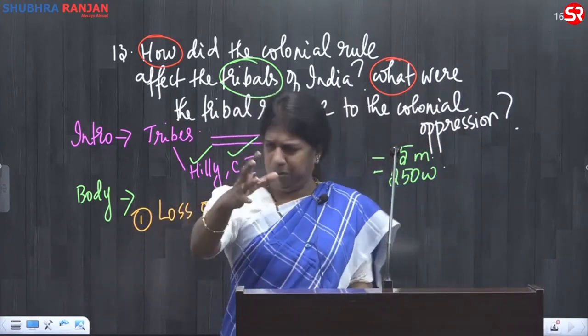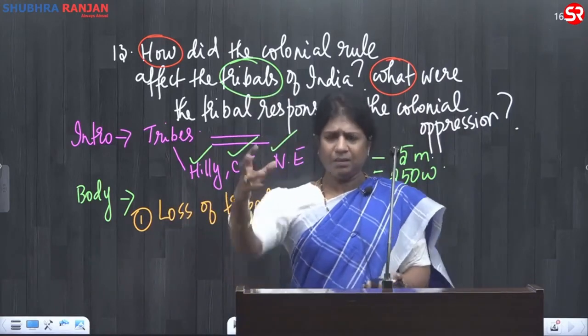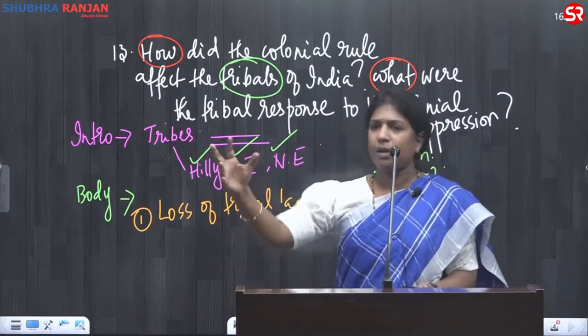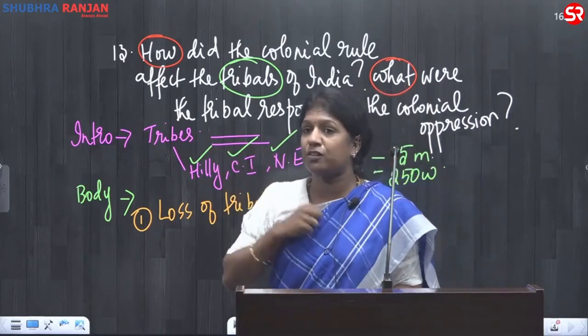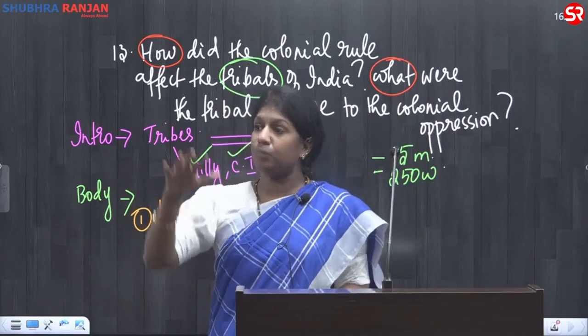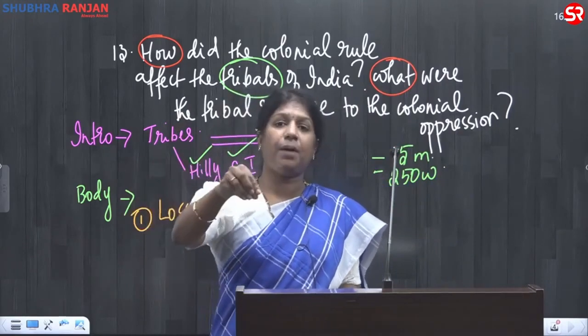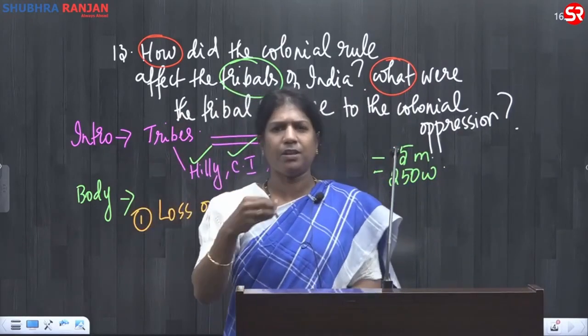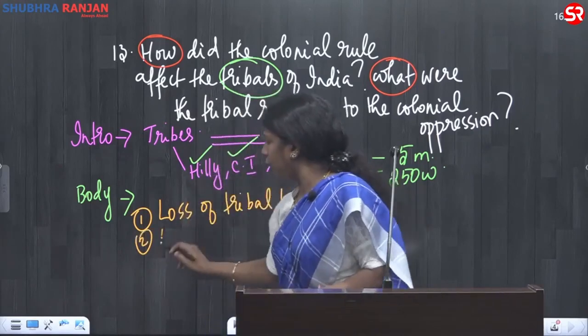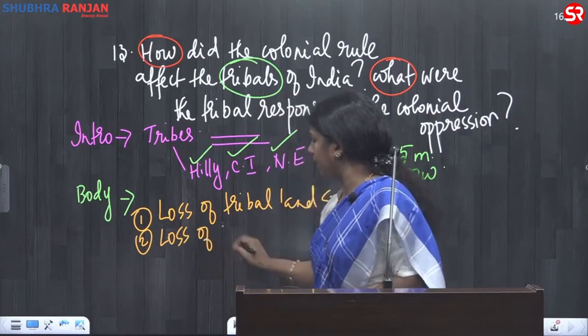When they went and attacked Assam, the tribal regions of Assam, particularly the Ahom kingdom, automatically what happened? The Ahoms lost their land. And what happened to these rulers? These rulers were made to work in the tea plantations of Assam. So don't you think that's again loss of sovereignty? So again, the second thing, loss of their own sovereignty.